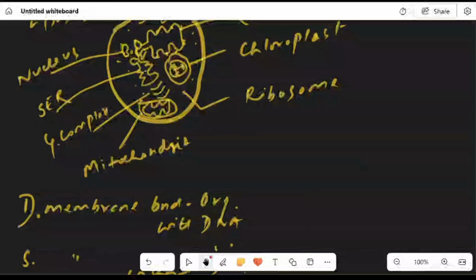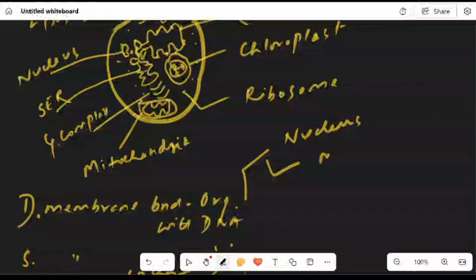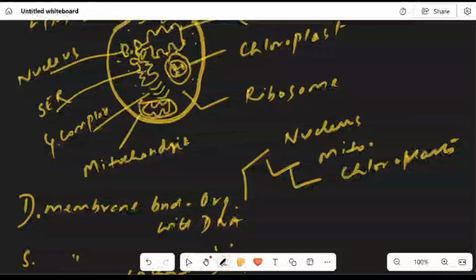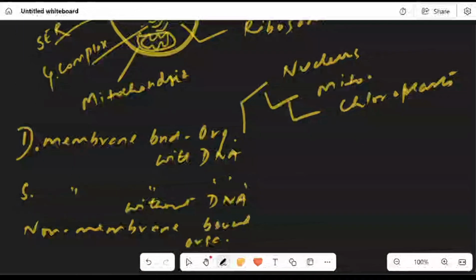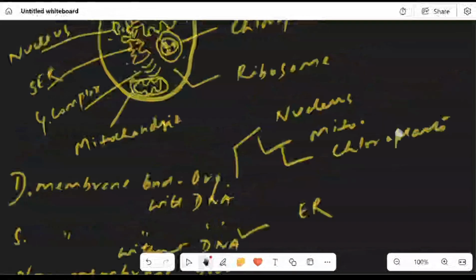So double membrane bound organelles: first, nucleus. Then we have mitochondria. After that, chloroplast, usually found in plants. Single membrane bound organelles: we have ER, endoplasmic reticulum here.